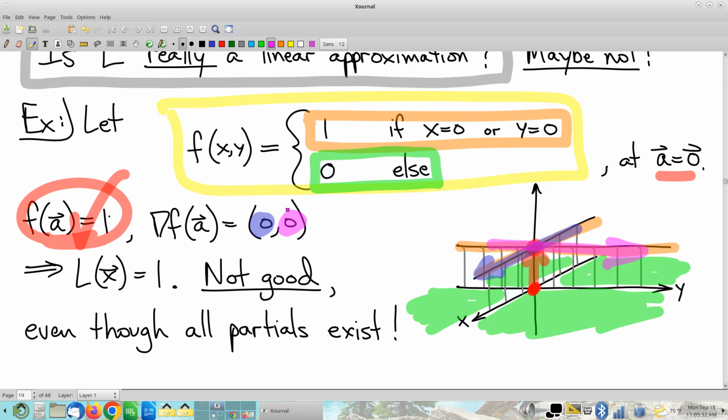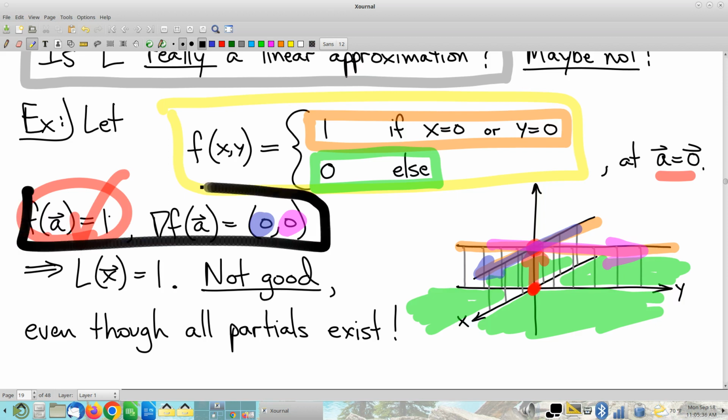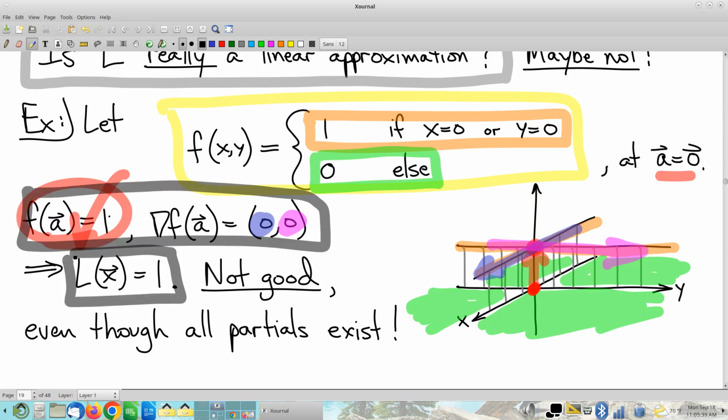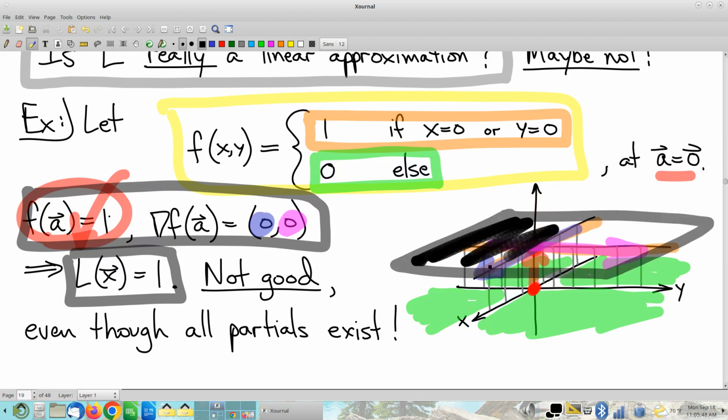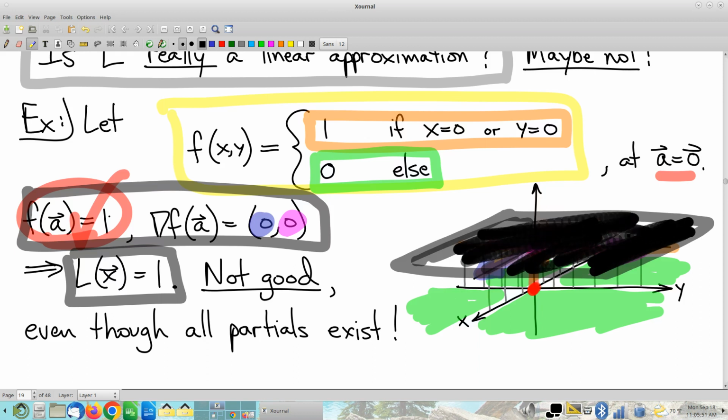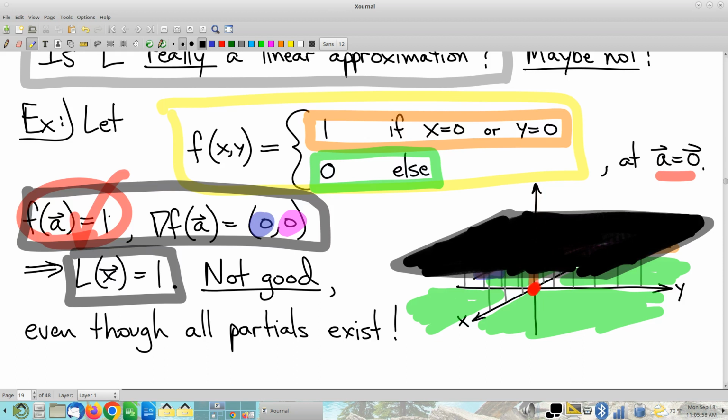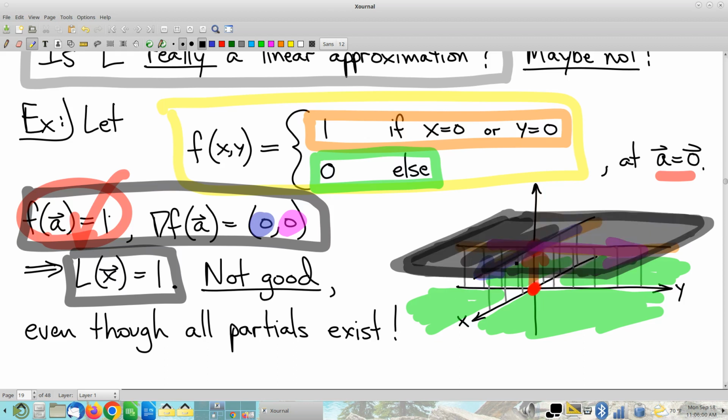And so if you take all this and put it together, the linear approximation would be just a constant value 1. And if I were to try to draw that picture, it would be something kind of like this. It's a plane here that has constant height 1, sitting above the xy plane.